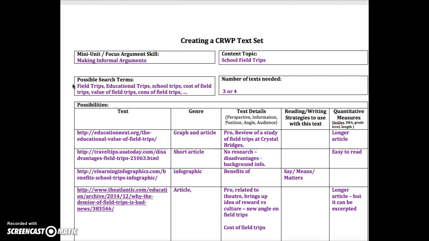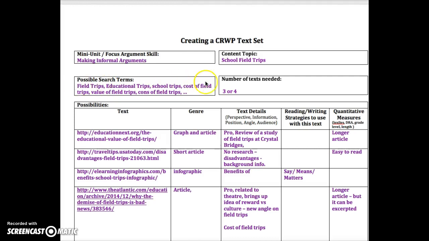In that case, I came up with possibilities, of course, field trips, but maybe educational trips, or pros and cons, or the cost of field trips, or the value of field trips. In the end, I think these will get me somewhere, and if not, I can keep thinking.